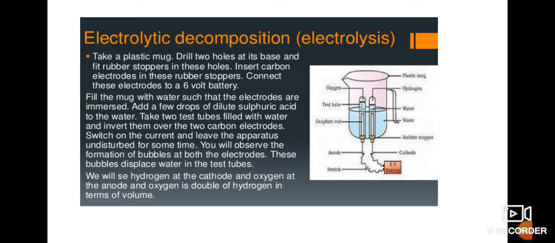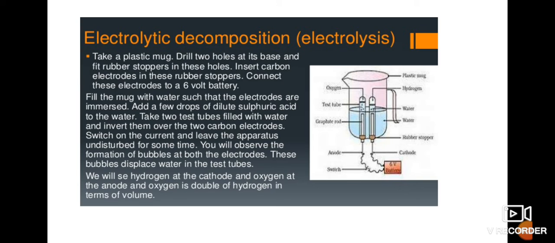We will take 2 test tubes filled with water and invert them over the 2 carbon electrodes. One of them will act as a cathode, another one will act as an anode. Remember, anode is the positive terminal, cathode is the negative terminal.